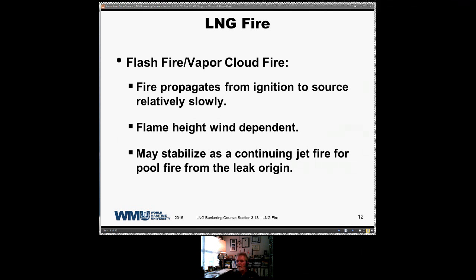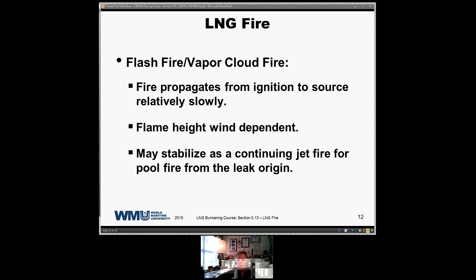A vapor cloud fire may stabilize as a continuing jet fire or pool fire from the leak origin. Basically, what happens here is you can initially start with a jet of liquid. Let's say there's a breach in a line that's under pressure that contains liquid.